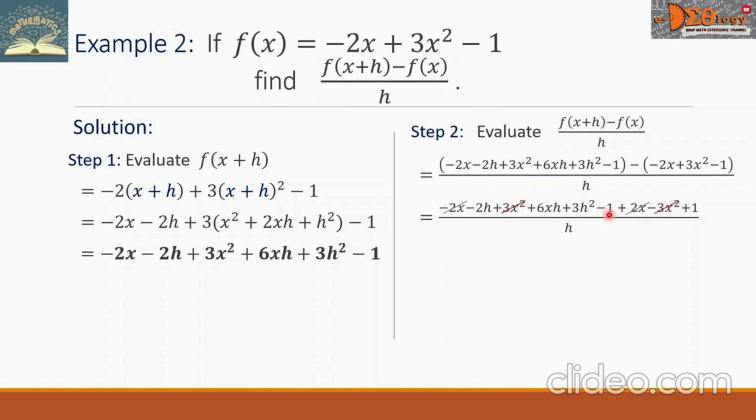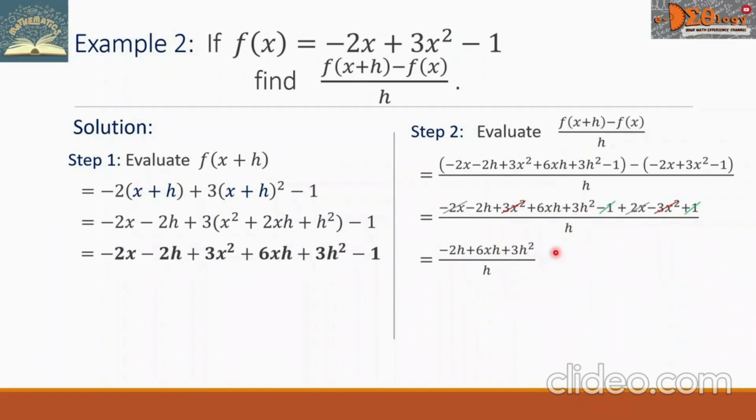Also, there is negative 1 here and a positive 1 on this side. So, we cancel it out because it becomes 0. Now, we collect those terms that are left. So, we have the negative 2h plus the 6xh plus 3h squared all over h.